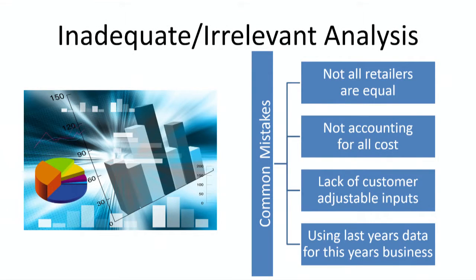The title of this slide is Inadequate or Irrelevant Analysis. And the one thing that we see continually, especially in the small to mid-sized CPG world, is normally you're talking about a company that's being run or driven by sales and marketing people. And that's great. I've got a sales and marketing background, but sales and marketing people sometimes want to get to market as fast as they can, and they don't really take into account the supply chain.